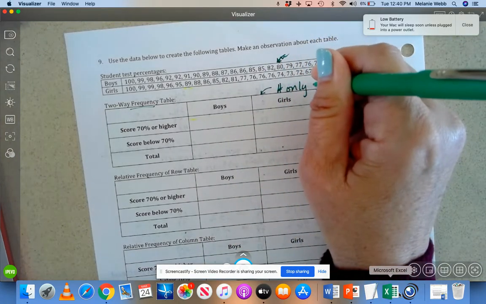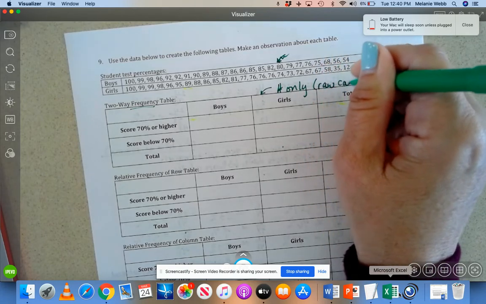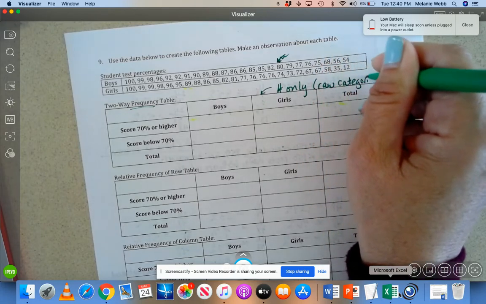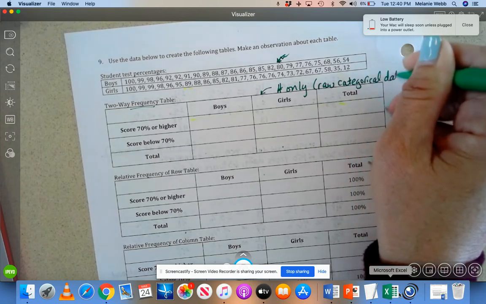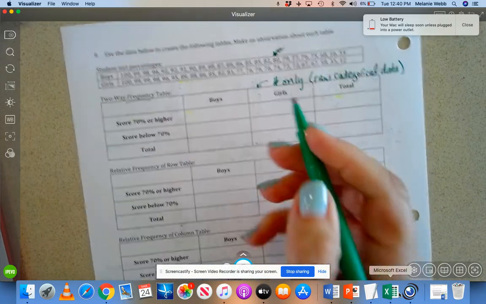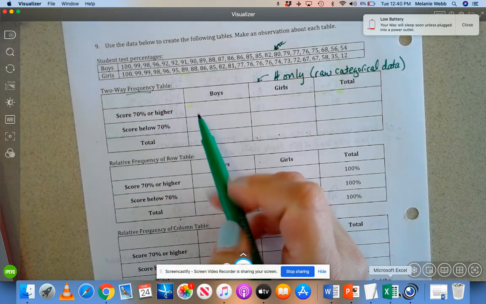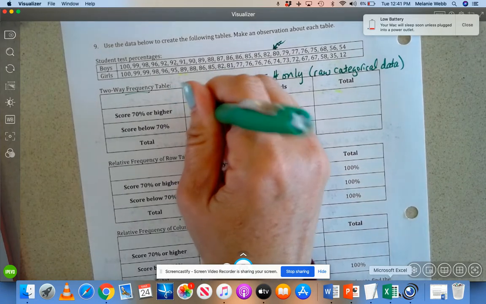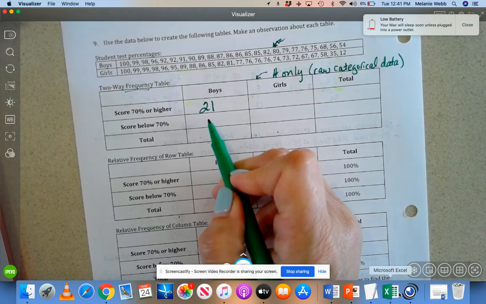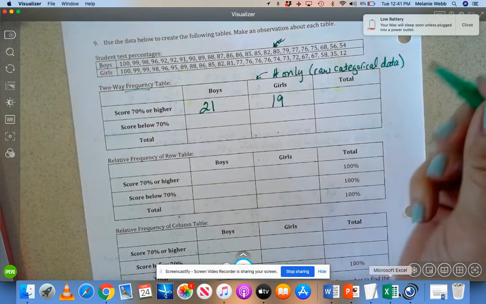This is raw categorical data, no percentages, right? Because it's not relative. So I'm just going to fill it in. So when I looked at the boys, I found that 21 of them got 70% or higher. 19 girls did 70% or higher.